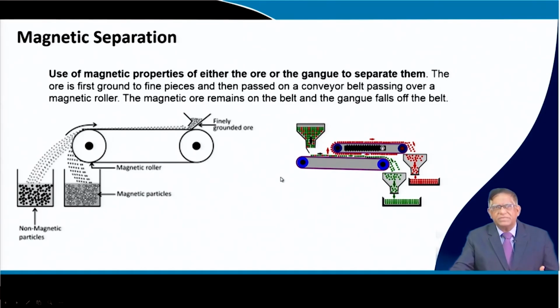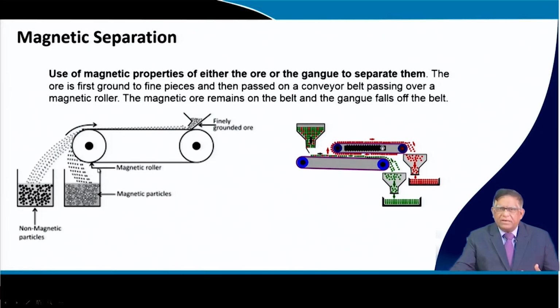The principle is very simple: in the mixture there are certain minerals which can get attracted to the magnet. So, when they are passing through a conveyor belt, the end pulley can be a magnetic pulley.